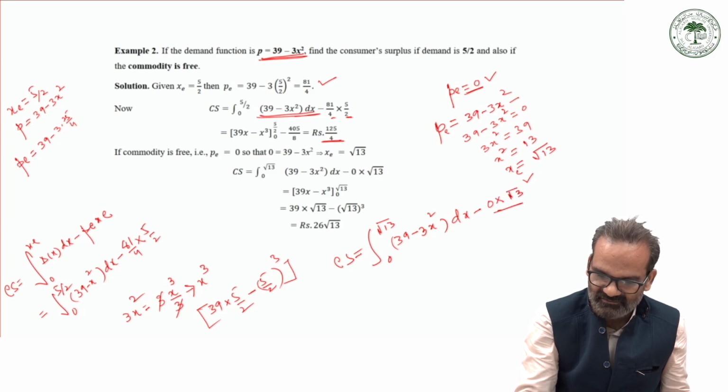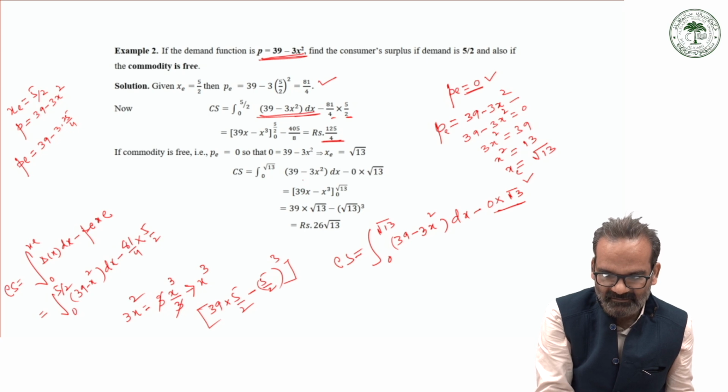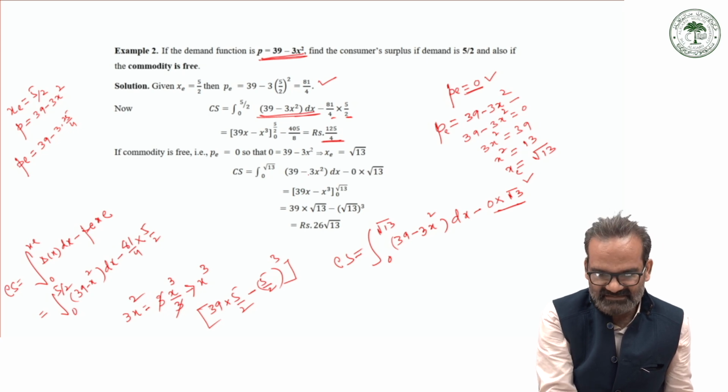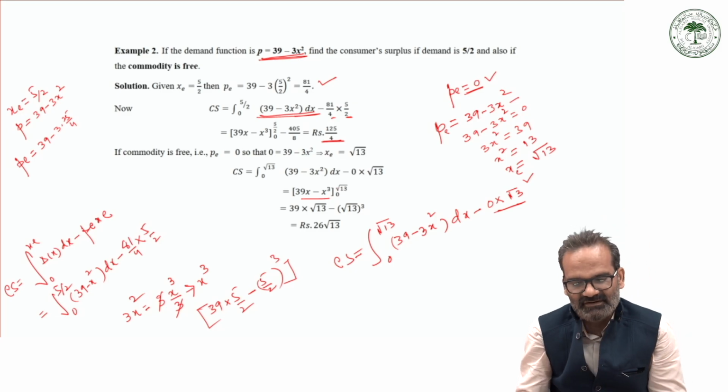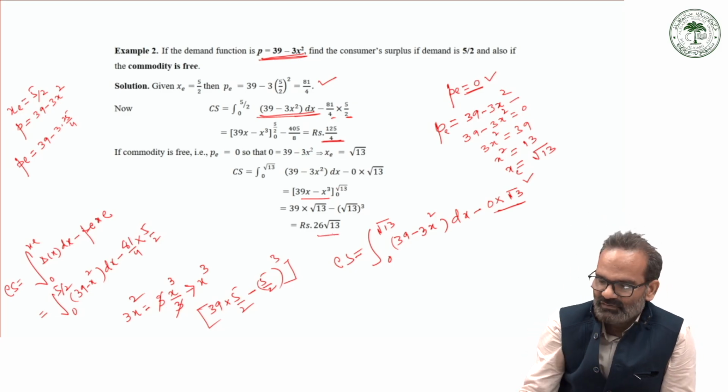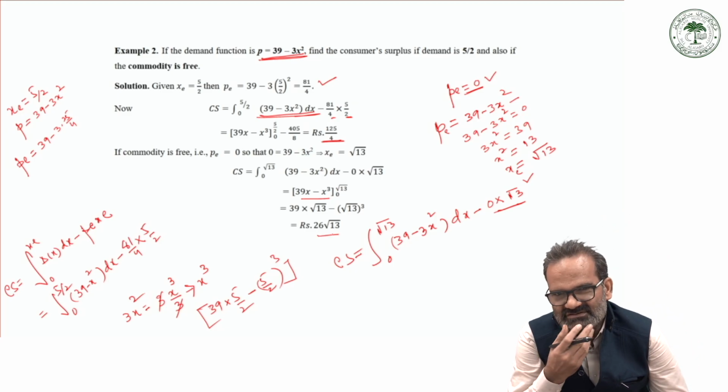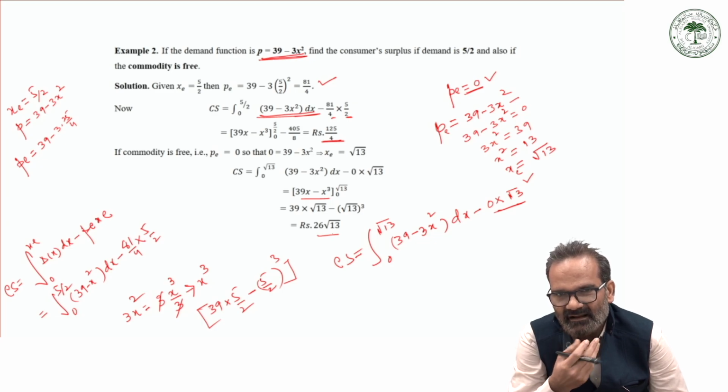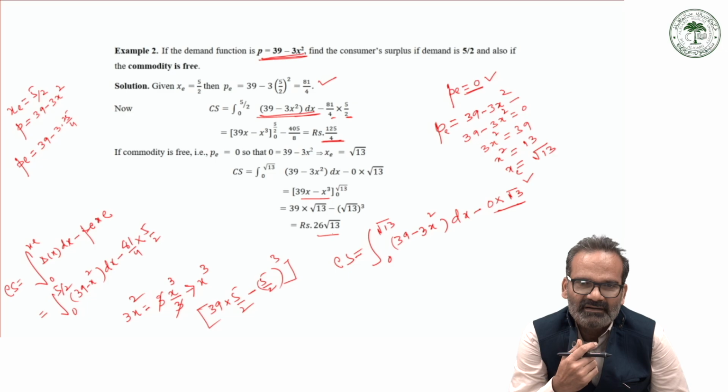So this term will be 0. This is the only term. Integral of 39, we have just calculated, 39x minus x cube. Now substitute these values and then simplify it. You will get rupees 26 root 13 as the required consumer surplus if the commodity is free, right?